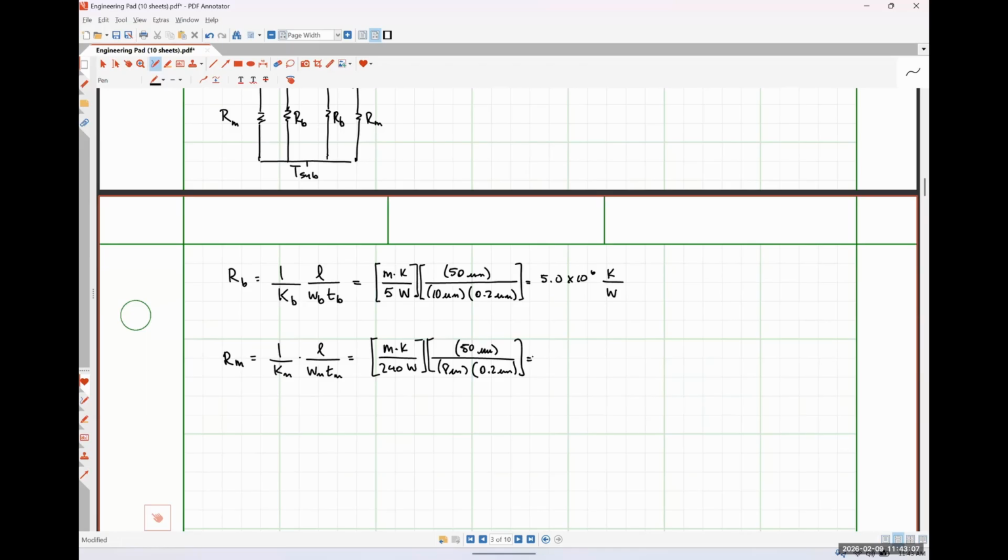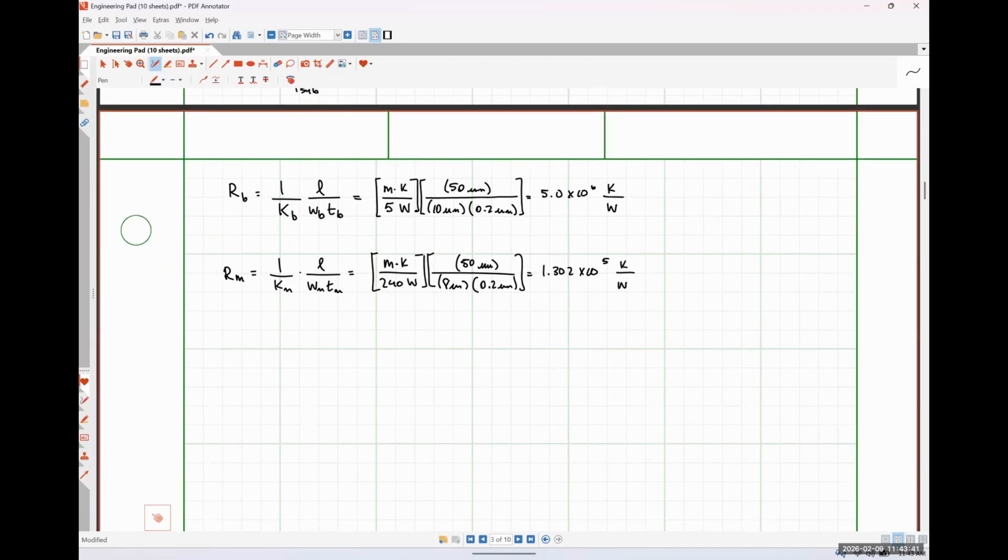I should get about 1.302 times 10 to the 5 Kelvins per watt. And hopefully that makes sense, because we should see that our metal has a lower thermal resistance because it's got a much higher thermal conductivity.